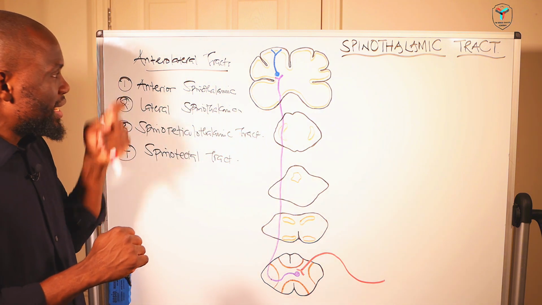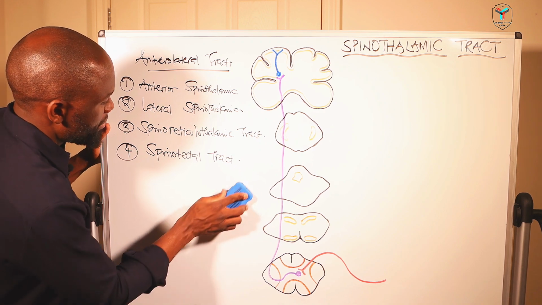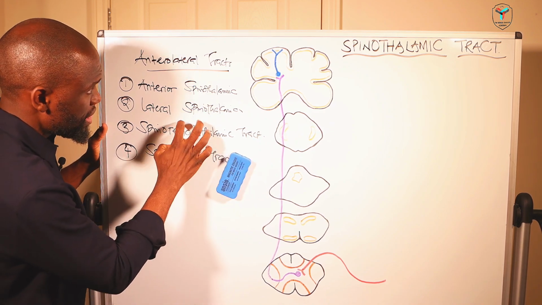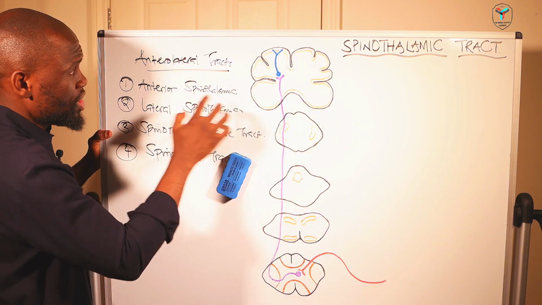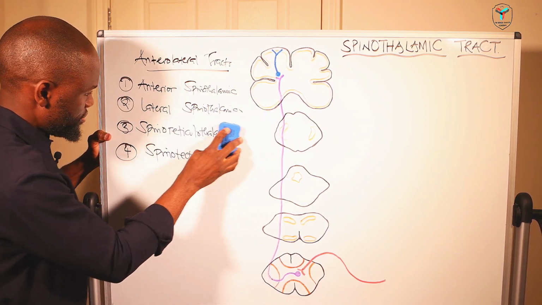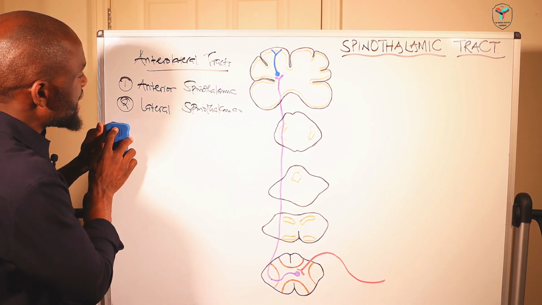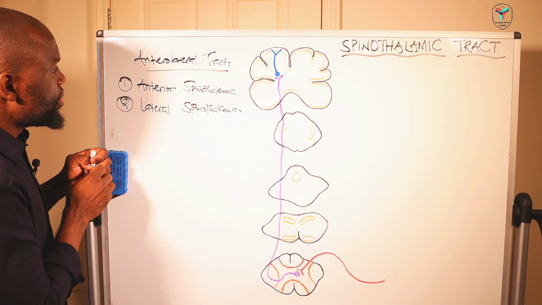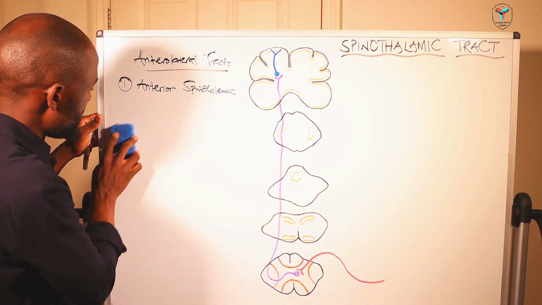Now, when we look at the anterior spinothalamic tract, we can get rid of these 2 because we want to concentrate on the spinothalamic tract, which is part of the anterolateral tracts. So we have talked about these 2 additional ones, but let's quickly look at the anterior spinothalamic tract. Now, what is the anterior spinothalamic doing?